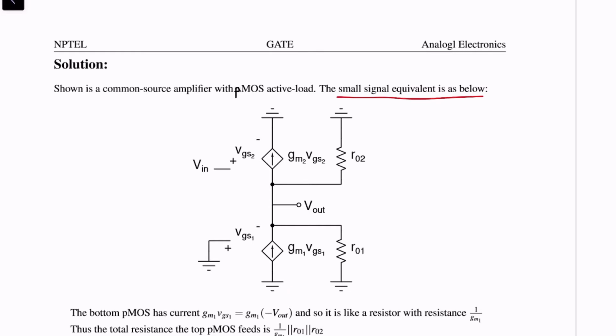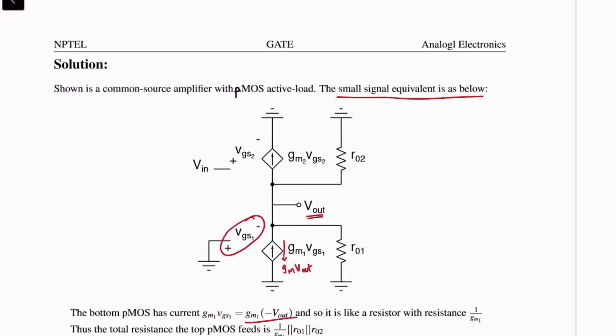And straight away you can see that VGS1 is equal to minus Vout. Thus the bottom PMOS transistor has a current of gm1 times minus Vout. Since the current going here is negative, the positive direction of current is like that, and it is gm Vout.